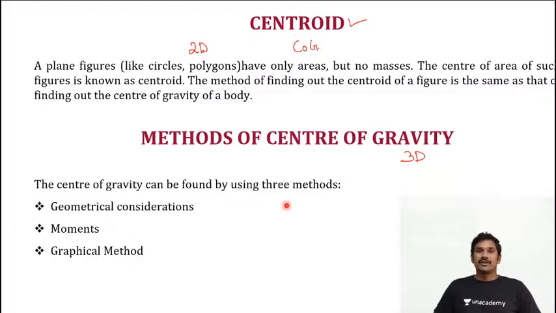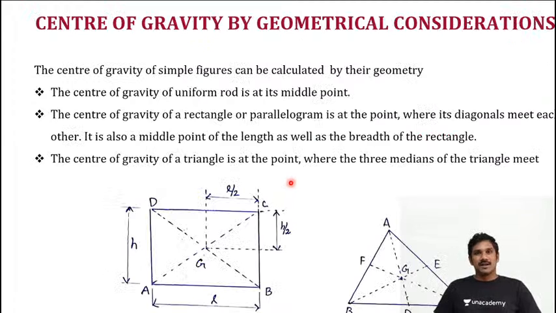Now we are going to use one of the very simple methods. So let's go by the geometrical consideration method. We are going to use only the geometrical consideration method because that is the easiest one to calculate.